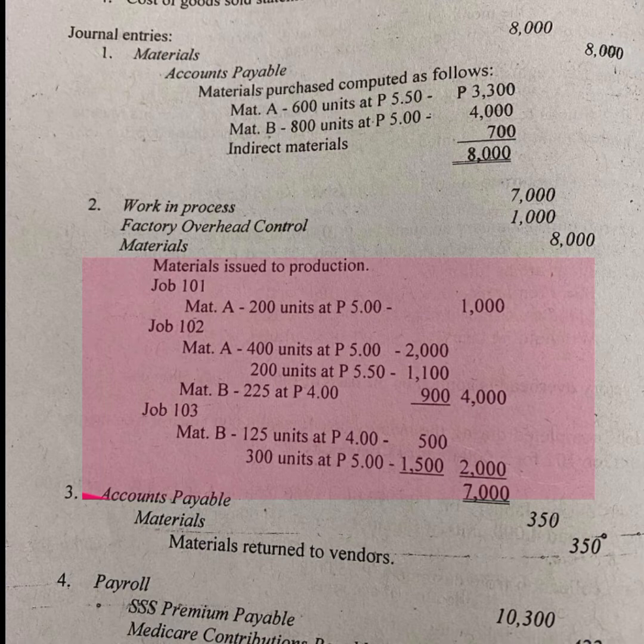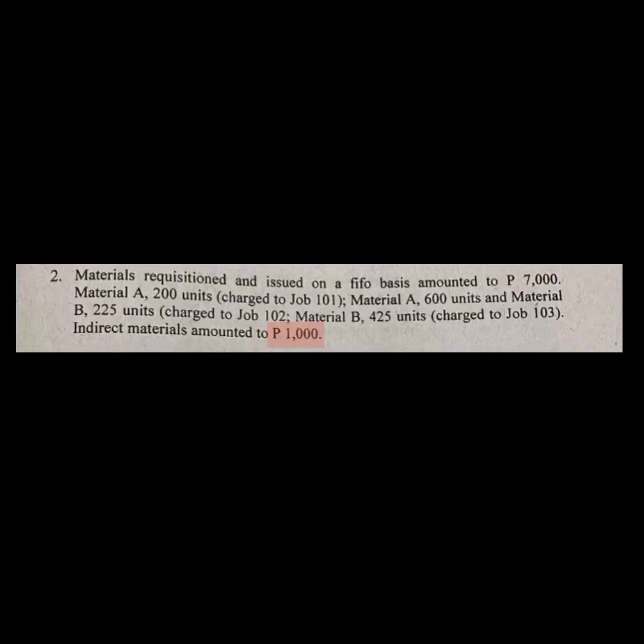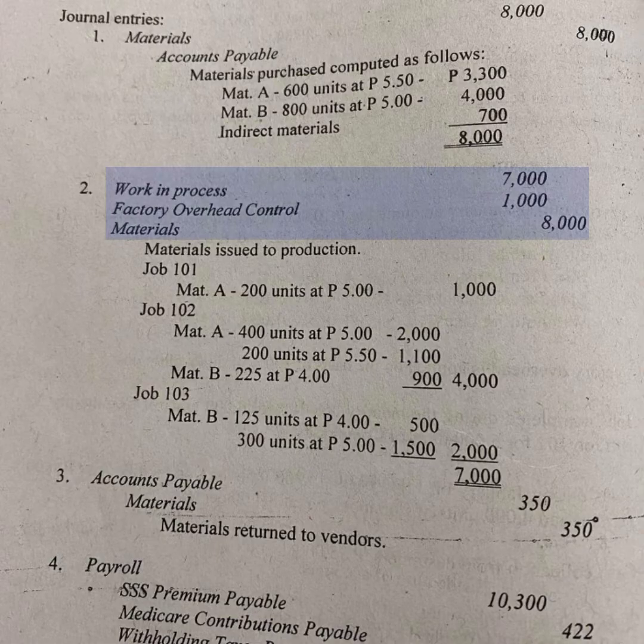That's why the factory overhead control has a debit of 1,000 pesos. Kaya gikan siya dito sa indirect materials na 1,000 pesos. And for the materials, i-add lang ang amount sa work in process and factory overhead control. So we have 7,000 plus 1,000, a total of 8,000 pesos.